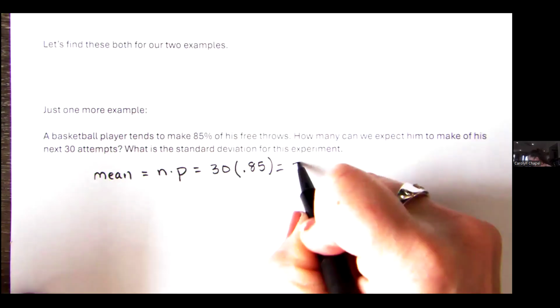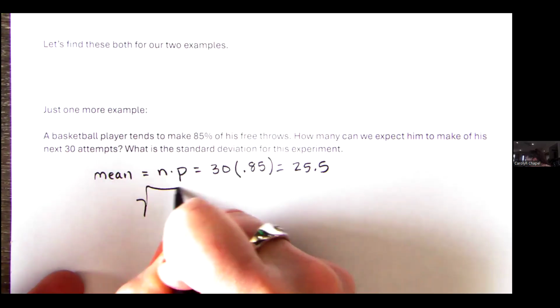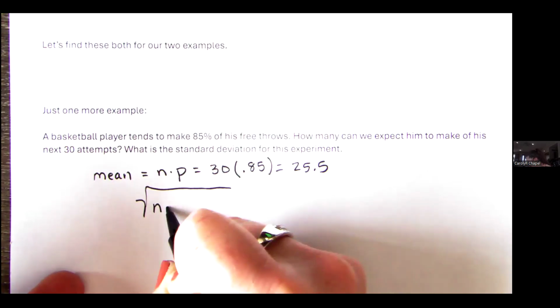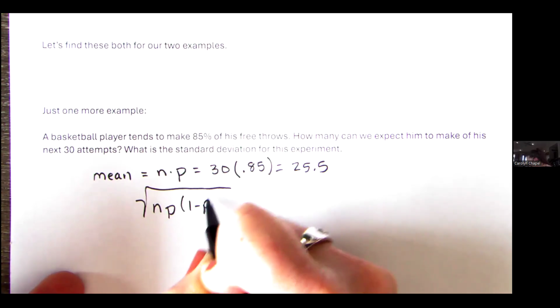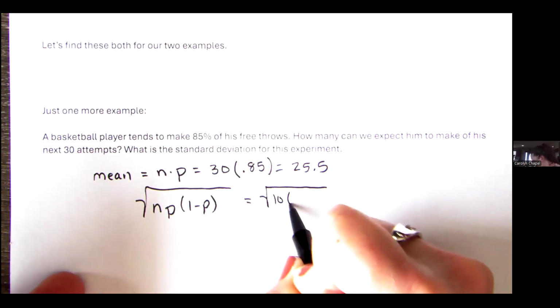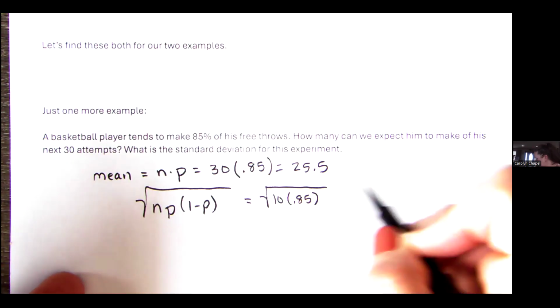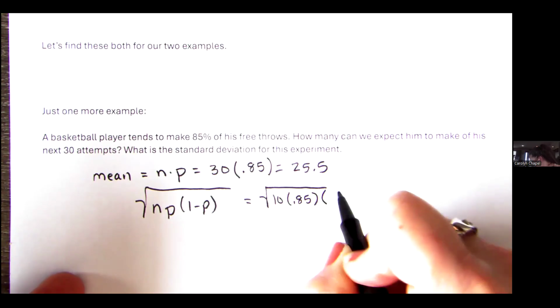And that's 25.5. Our standard deviation is the square root of n times p times 1 minus p. So we're going to take the square root of 30 times 0.85 times 1 minus 0.85.